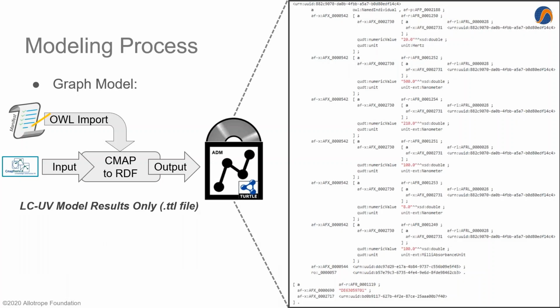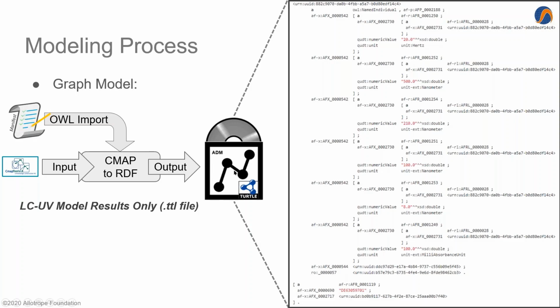Using the same process, we have a CMAP to RDF tool. We have the input, which is the output of the concept map tool, inputting into our CMAP to RDF converter. We are importing the manifest file, which in turn imports the shape and the vocabulary.